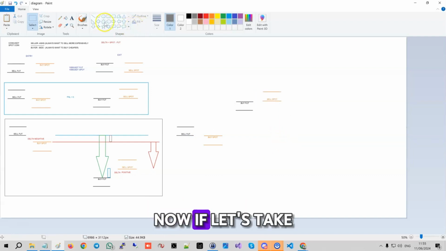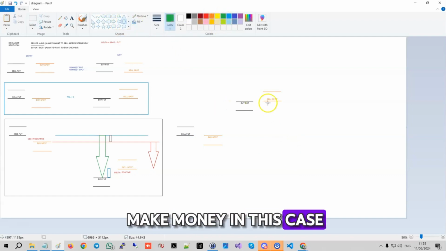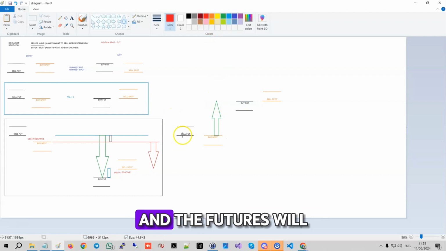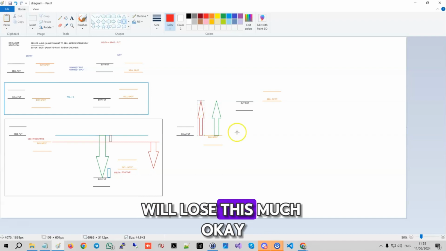Now, let's take another arrow. So who is going to make money in this case? The spot is going to make money. So the spot will make this much, and the futures will, let's draw it from here, lose this much.